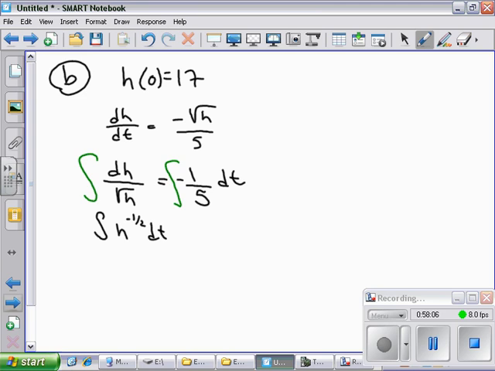So if you take the antiderivative of h to the negative a half, you add 1 to the exponent, multiply by its reciprocal, what do you get? 2h to the half. So I'm going to write 2 square root of h. On the other side, we're integrating with respect to time, dt, so what do we get? Negative 1/5 t plus c.